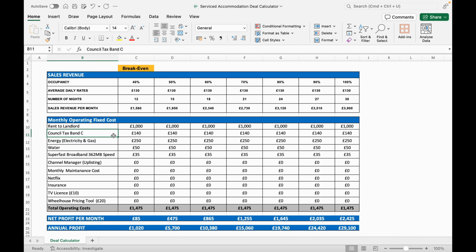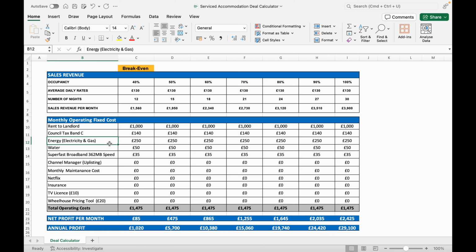There is council tax, which is based on where you are. This varies, so your council tax can be higher or lower, but for this type of property, we pay 140. Besides council tax, you can also apply for business rates, which I won't go into here, but it's the same as council tax, but for businesses. In this example, we just use council tax, which is 140.